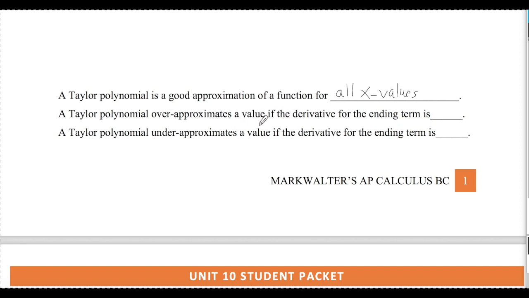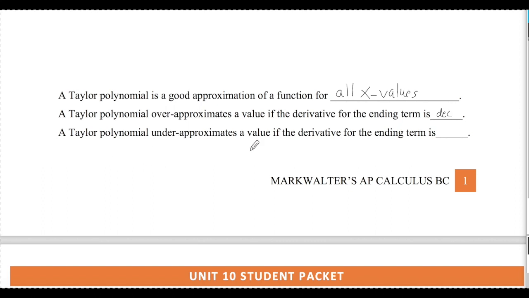In the one we just looked at, when we took the derivative of the first derivative we stopped at, we found its derivative was negative, so that means the derivative we stopped at was decreasing, so our polynomial over approximated it.